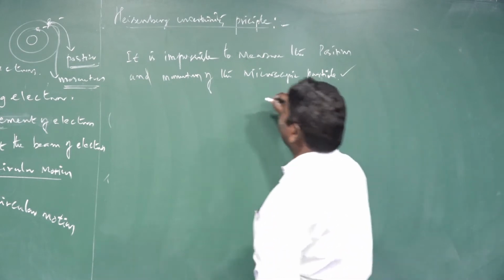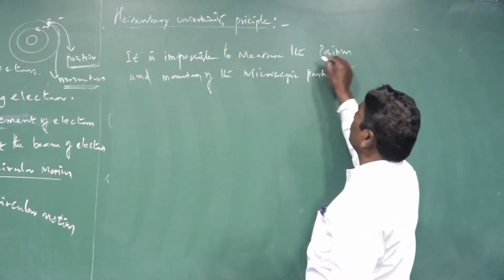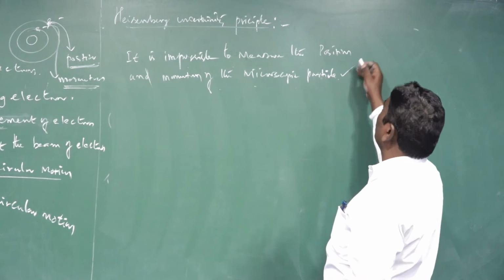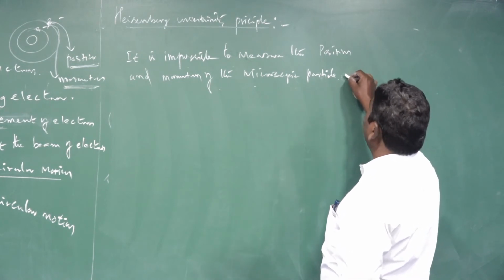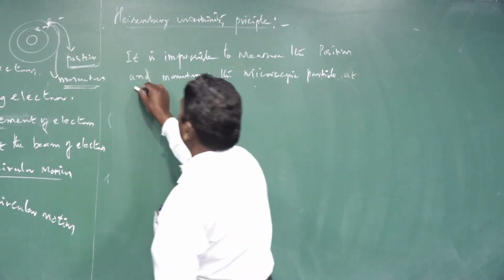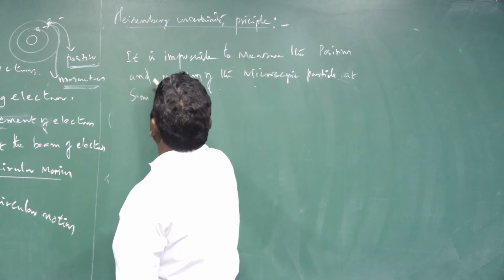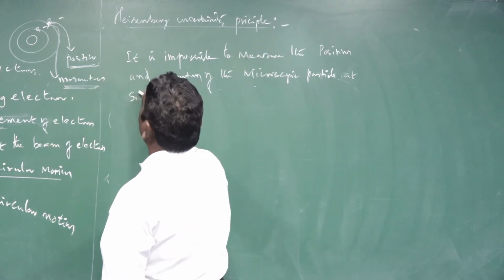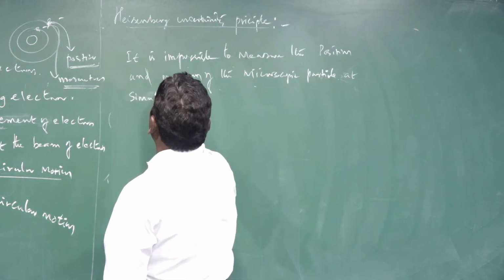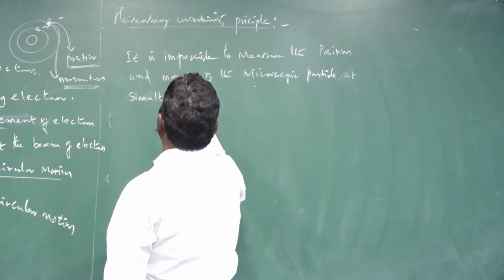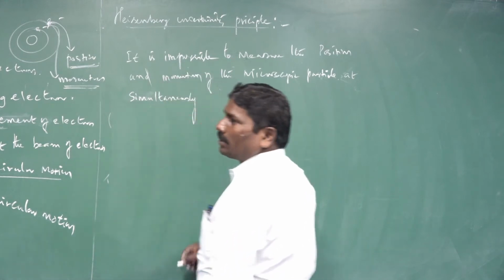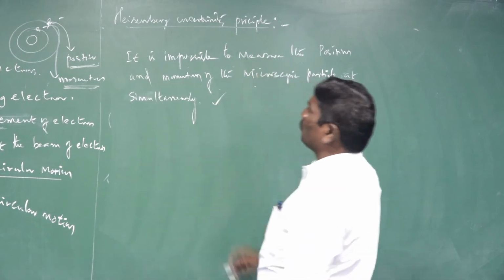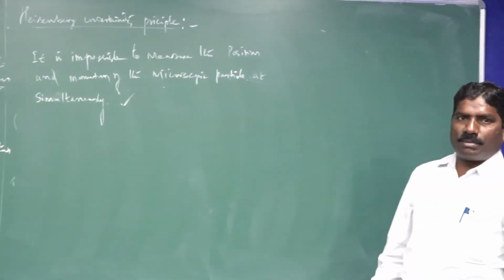That is, it is impossible to measure the position and momentum of submicroscopic particles simultaneously. That is the statement given by Heisenberg.